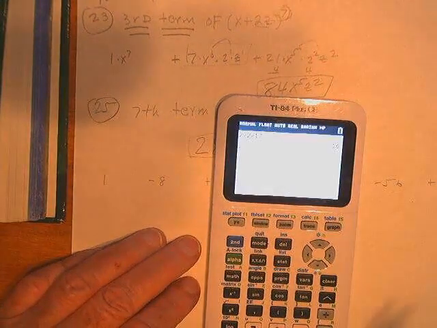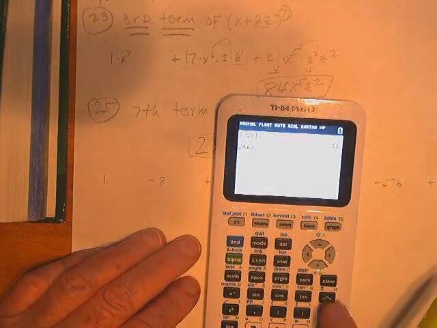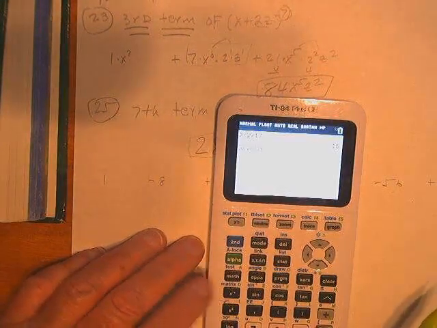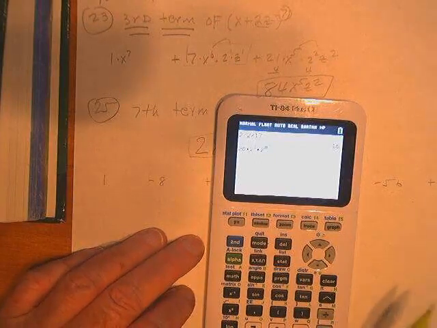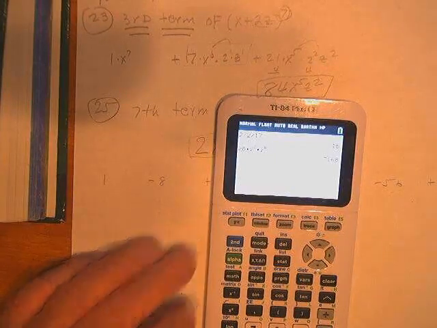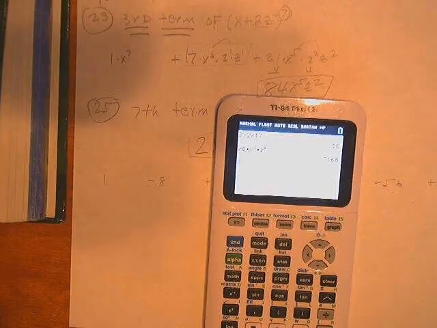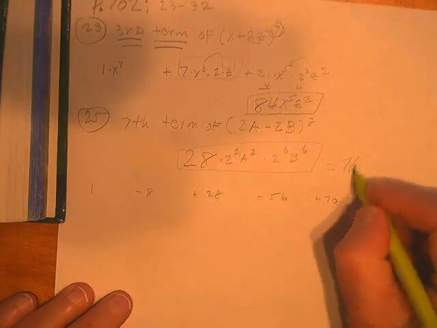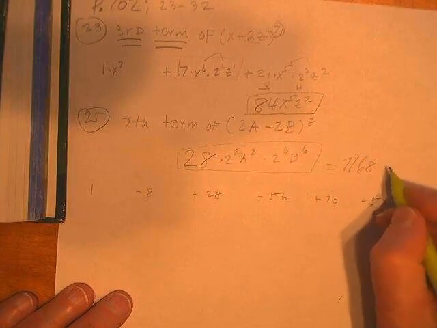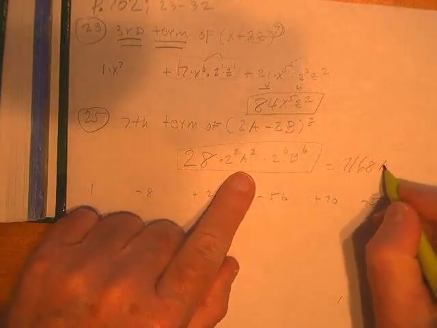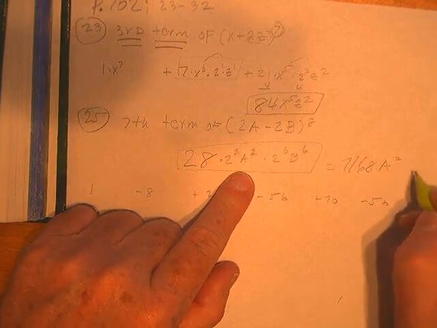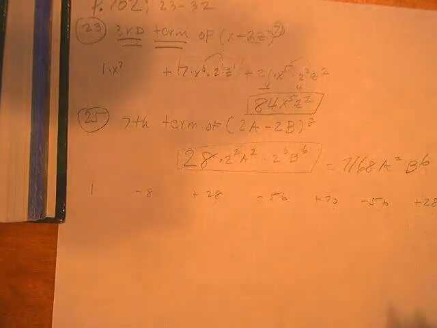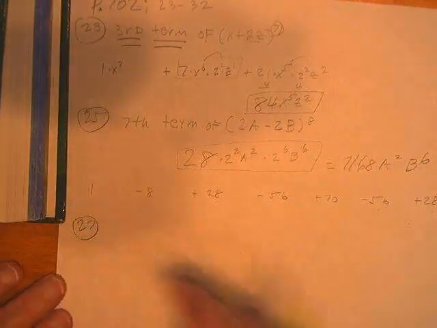Okay, let's try that. 28 times 2 squared times 2 to the 6th. 7,168. And then I've got a squared b to the 6th. Okay? And there's that one. Here's 27.